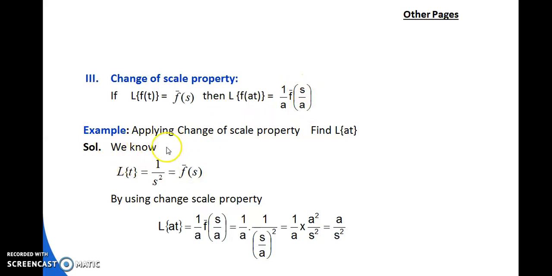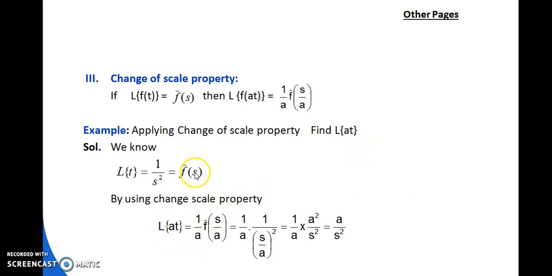Look at this example: applying the change of scale property, find Laplace of at. First of all, Laplace of t equals 1 by s square, which is F bar(s). Then t becomes at, so Laplace of at equals 1 by a times F bar(s by a).